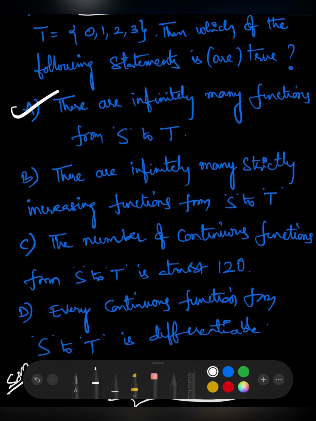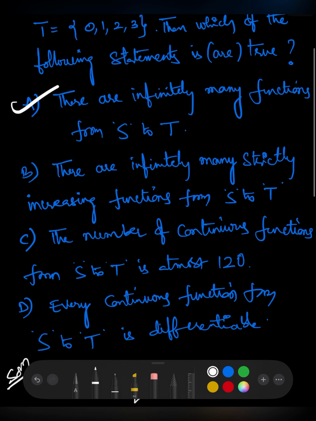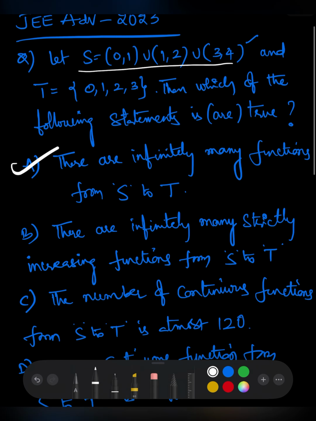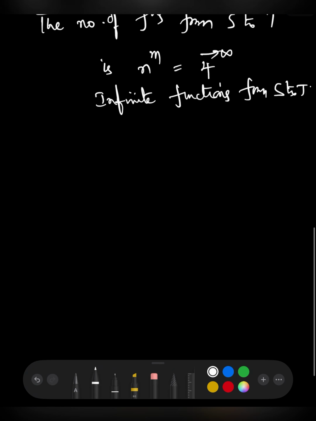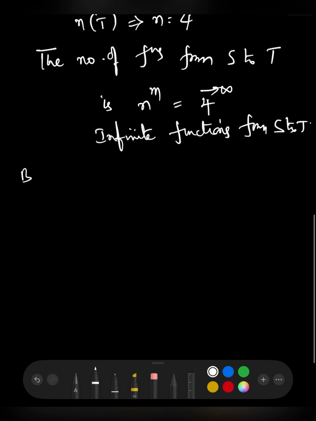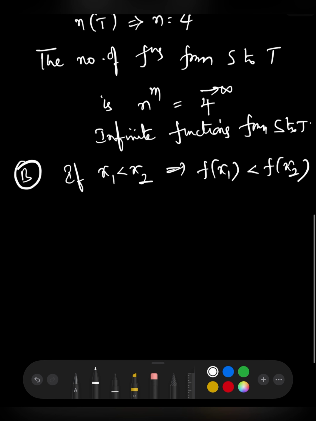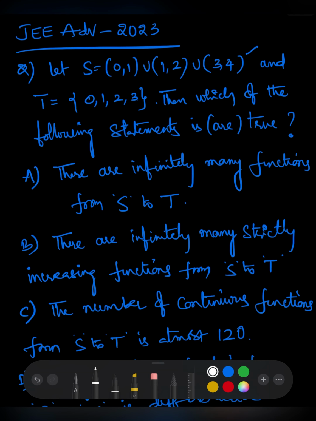Now, are there infinitely many strictly increasing functions from S to T? First of all, we want to know what a strictly increasing function is. If x1 is less than x2 implies f of x1 is less than f of x2, then only we can say it is strictly increasing.